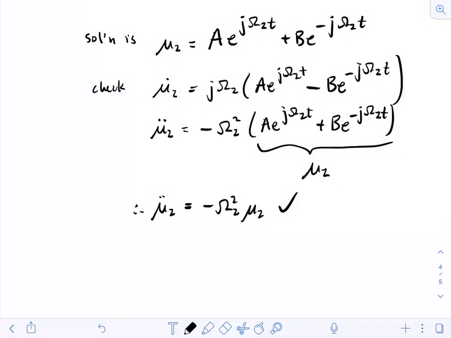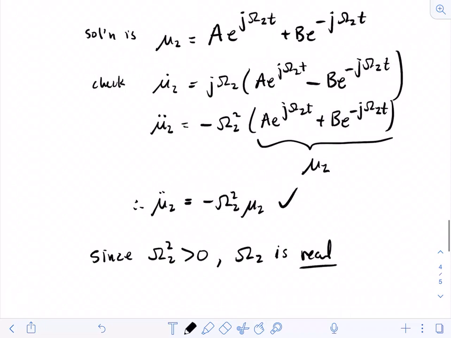So we've got the solution for mu 2, and omega 2 we know is positive. Well, sorry, what we actually know is that omega 2 squared is positive. So if we were to take the square root of that, omega 2 could be plus or minus something, but whatever that something is, it's a real number. We didn't have to take the square root of a negative number, which would result in something imaginary.